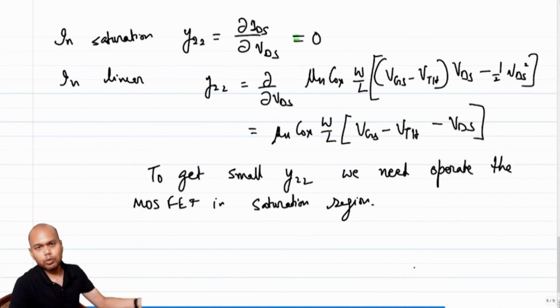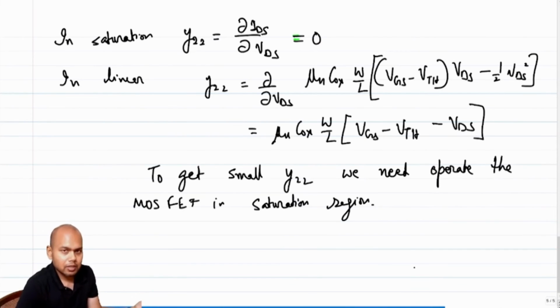To get small y22, also we need to operate the MOSFET in saturation region, right? So it seems like saturation region is the good region of operation in order to get the device to operate in a manner in which the incremental parameters that we get are in the lines of an ideal two-port network, right?